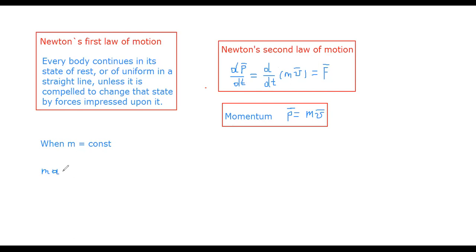Ma is equal to m times the first derivative of velocity by time.